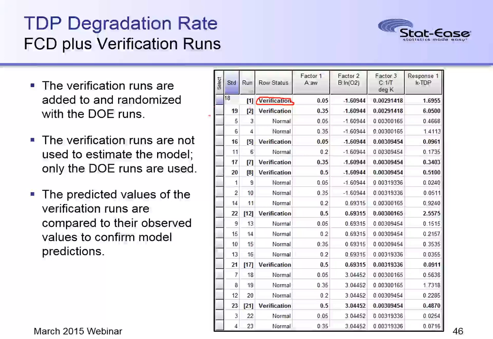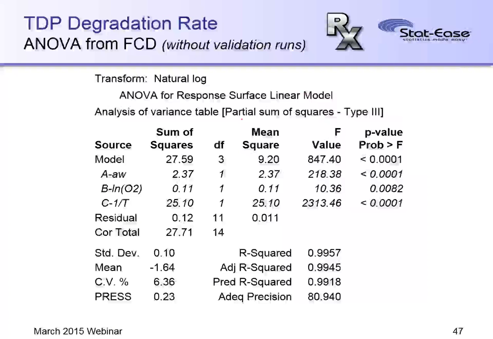And what we'll do after fitting the model is we'll go ahead and try to predict the response of the verification points, and we'll compare it to the actual values that we observed when we actually collected the data. I'm going to very briefly just take a look at the model fit.